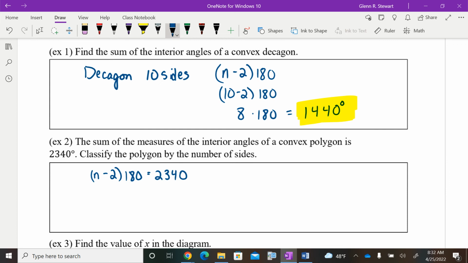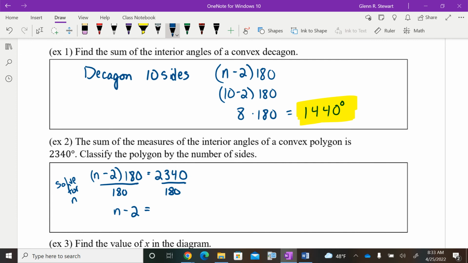Now, in order to find out what n is, because that's what we want to do here, we want to solve for n. I'm going to divide by 180 first. You could distribute if you wanted to, but sometimes it's easier if you can divide that out. So you're left with n minus 2 is equal to whatever those numbers are.